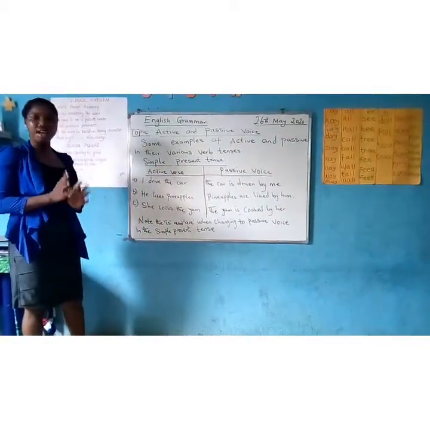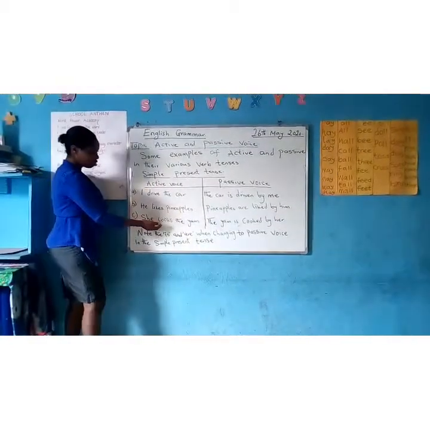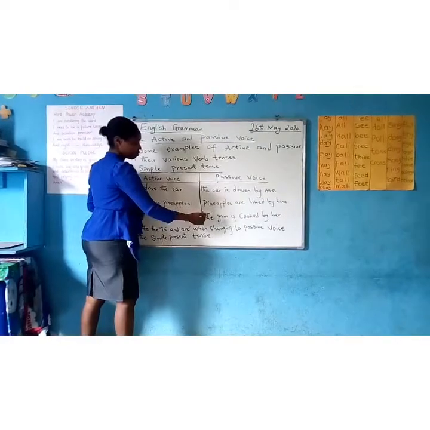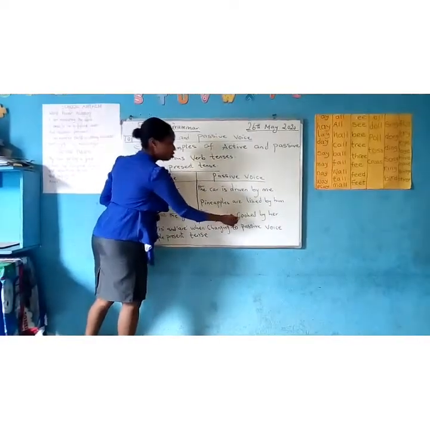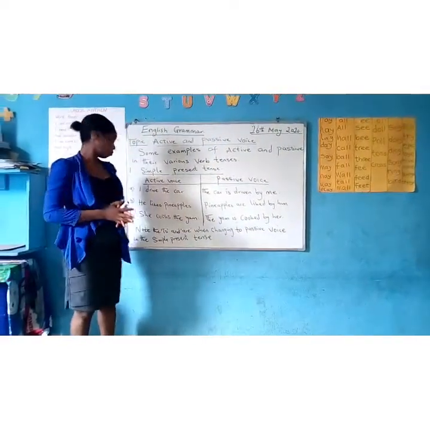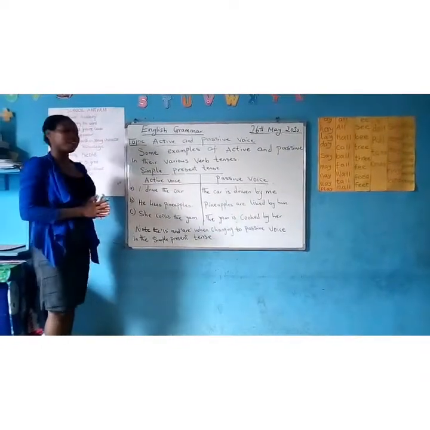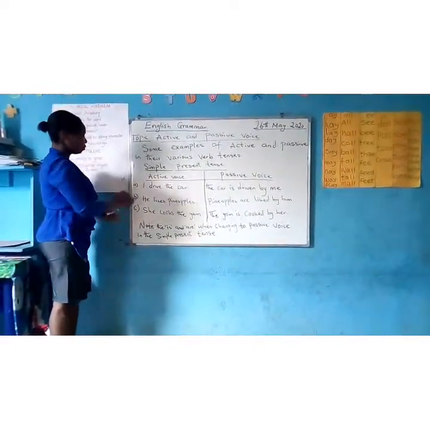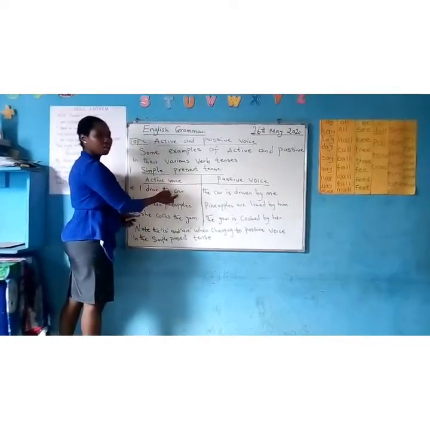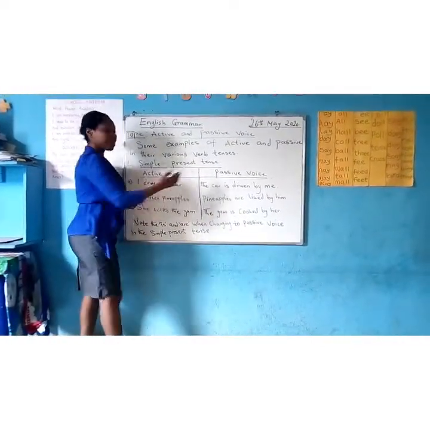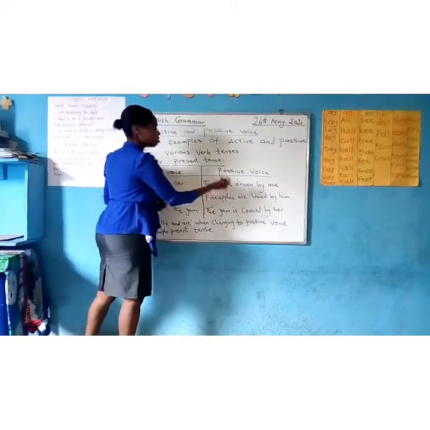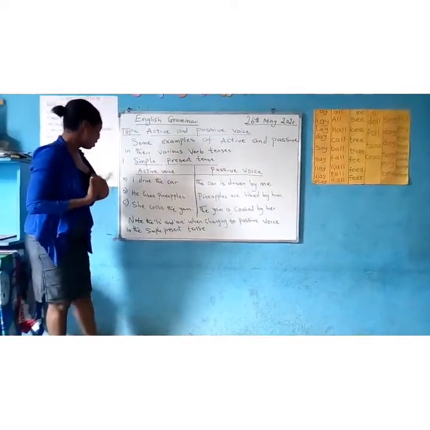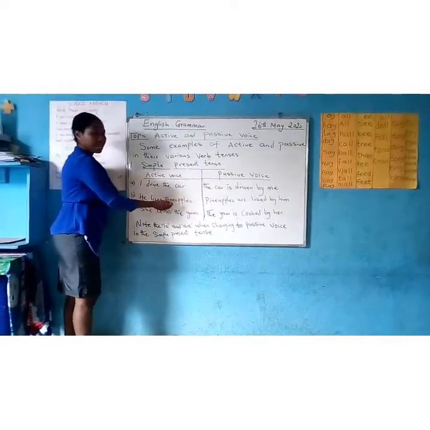C. Under the active voice, she cooks the yam. The passive voice of it, the yam is cooked by her. Let me take it again. Under the active voice, I drive the car. Passive voice, the car is driven by me. B. He likes pineapples.